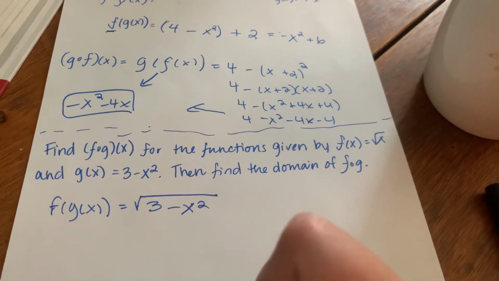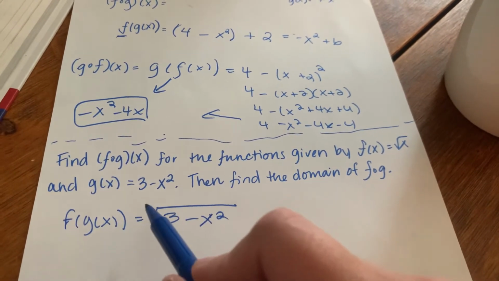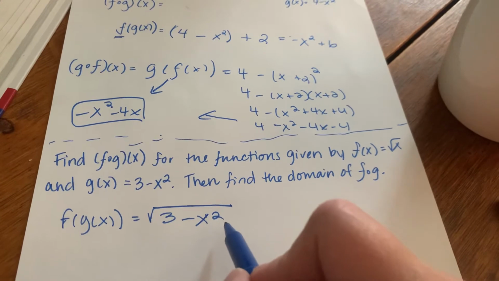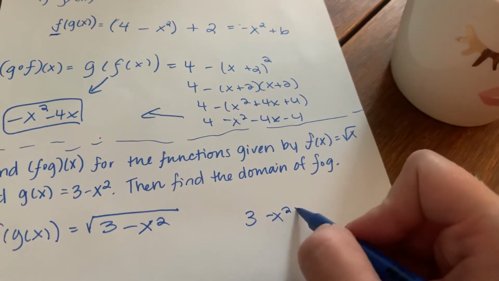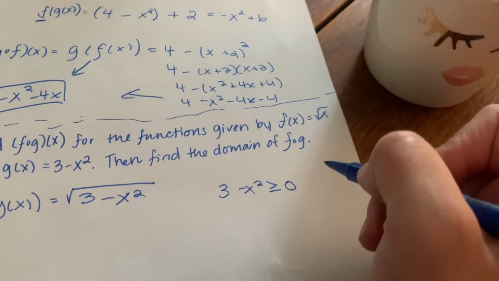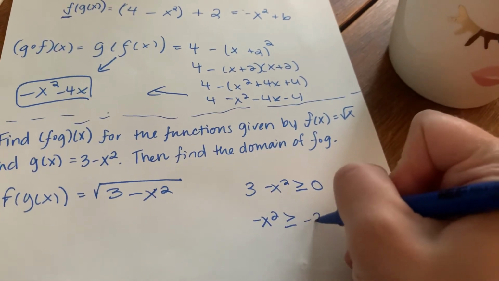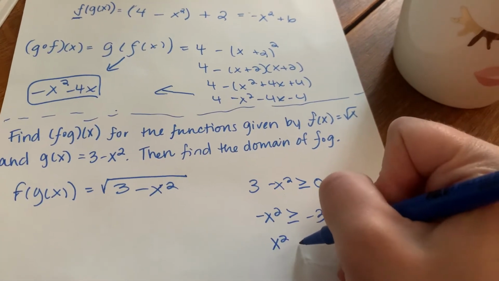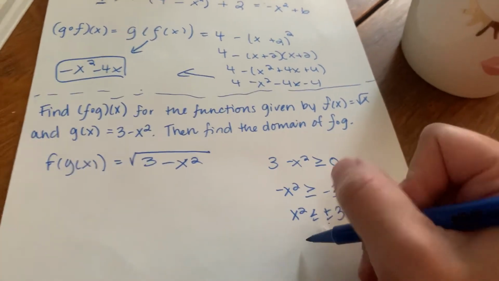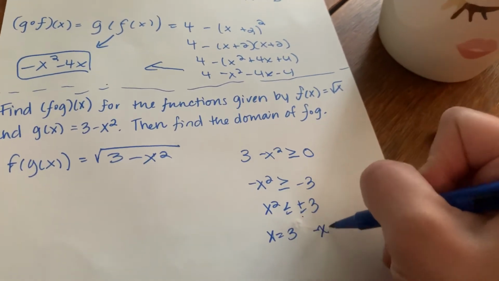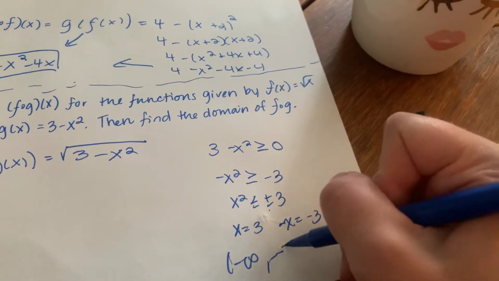So that's your answer. However, they want to know the domain. The domain, you can use any number except when you're going to receive negatives because you can't take square roots of negatives. So the radicand, or the stuff underneath, has to be greater than or equal to 0. You're not really finding 3, you're finding your critical numbers. So is it negative infinity to negative 3?